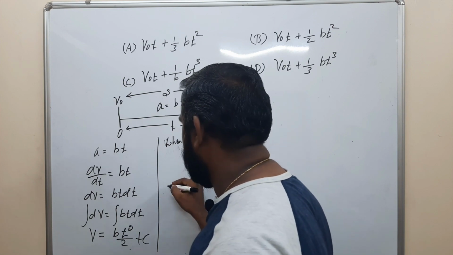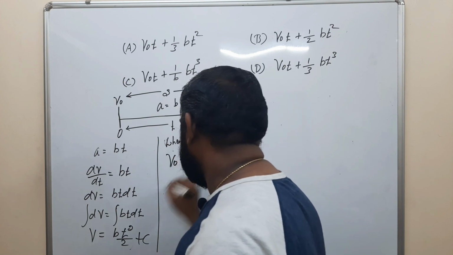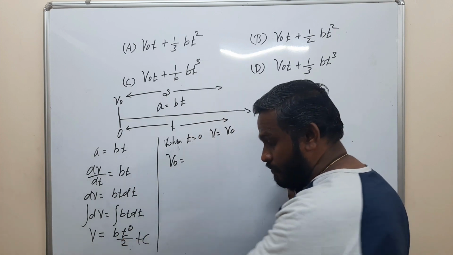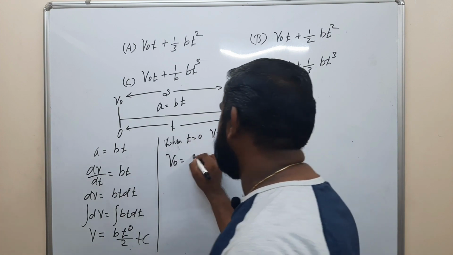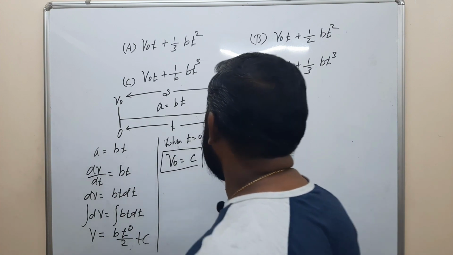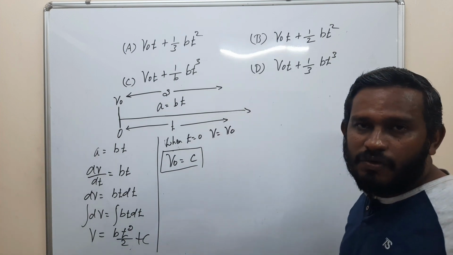Substituting time as 0, the time term becomes 0, so v0 is equal to the constant. So the value of the constant of integration is c is equal to v0.